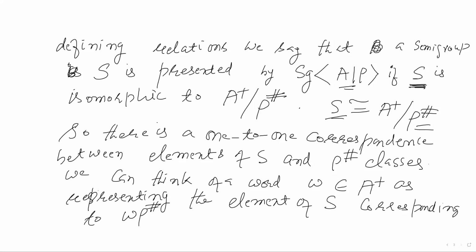Because for every element of S you have a unique equivalence class, you can identify elements of S with rho sharp classes here. So any word W in A plus can be thought of as a representative of the element of S corresponding to this class W rho sharp. Now this is actually the definition of this semigroup presentation.